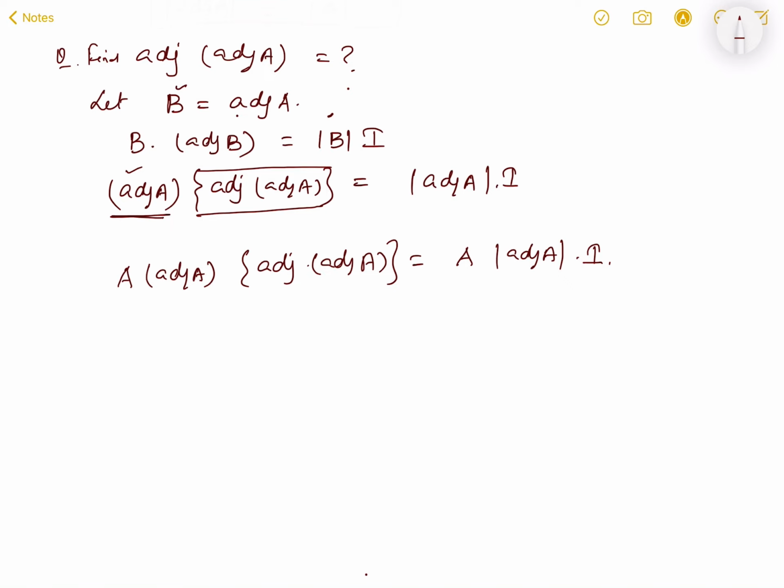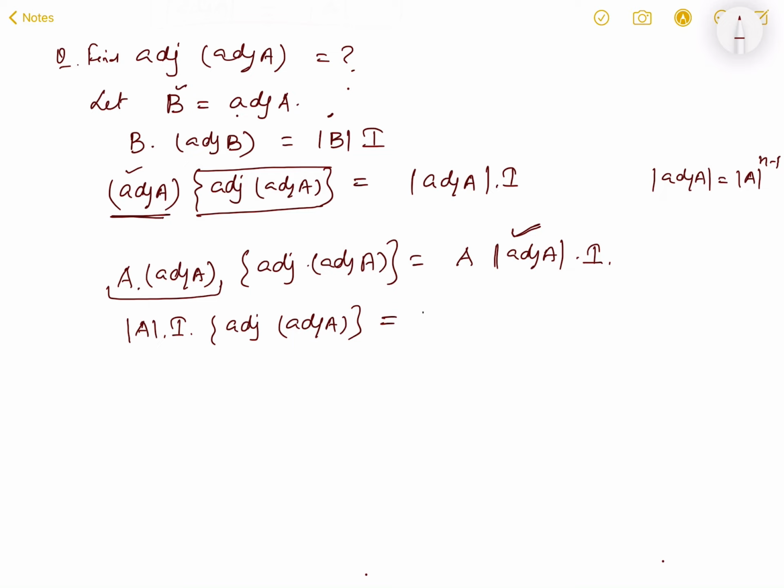So from this we can say that A into adjoint A, as per the theorem, can be written as determinant A into I. The bracket quantity is the same: adjoint adjoint A is equal to, here determinant A is a numeric number, and we know from the previous article that determinant adjoint A is equal to determinant A to the power n minus 1.